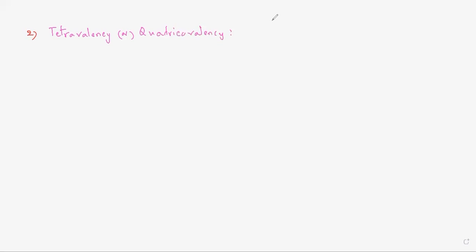See, as the name itself suggests, tetra, 4, valency, the combining capacity. Every carbon can actually combine with 4 other atoms.